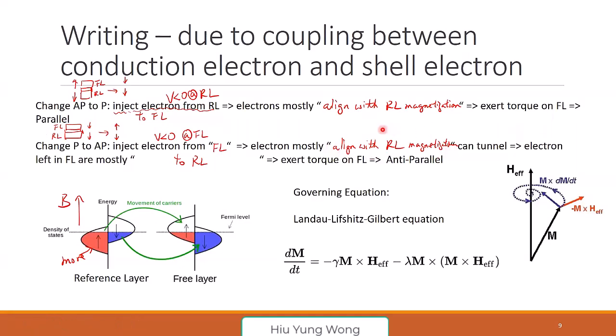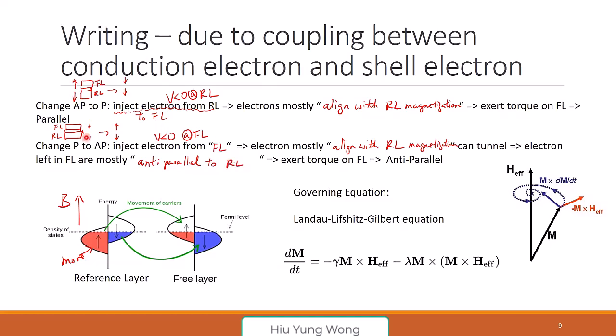It's just like country A, where all the people speaking a certain accent go to country B, and those speaking the opposite stay in country A because they did not tunnel into country B. So those left are mostly anti-parallel to the reference layer.